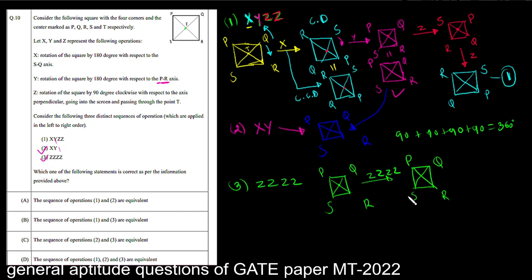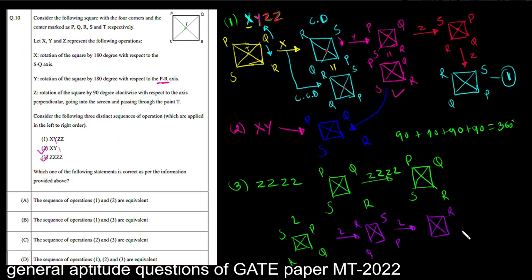You can also do it by applying Z one time at a time. Let's quickly do it here. Applying the first time Z, we get this PQRS. Now let's again apply Z to this figure. I am doing it quickly, so my figure will not be a perfect square. But again let's apply this Z operation further, and we are applying it the third time.